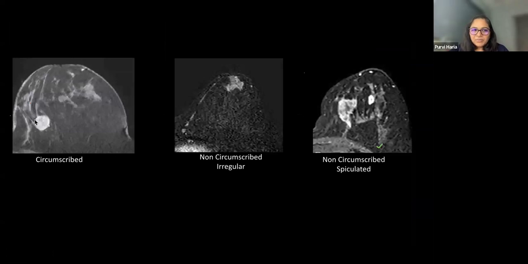This is a circumscribed margin, where you see the entire lesion well, or at least 75% of the lesion very well, whereas non-circumscribed is where there are irregular margins. And spiculated is where you see spicules coming out of the lesion. So that is spiculated margin, irregular and spiculated.